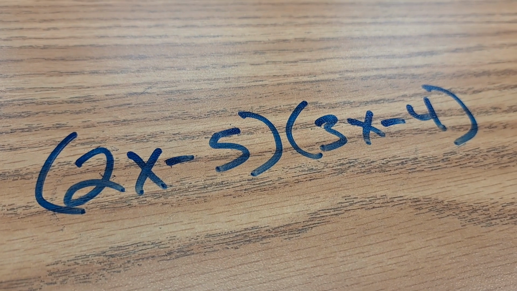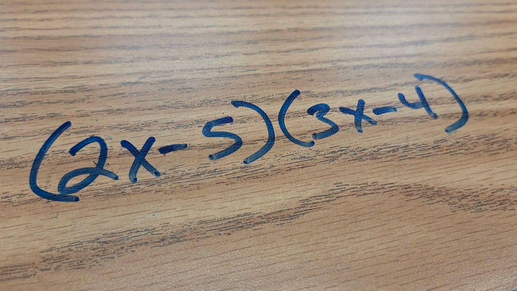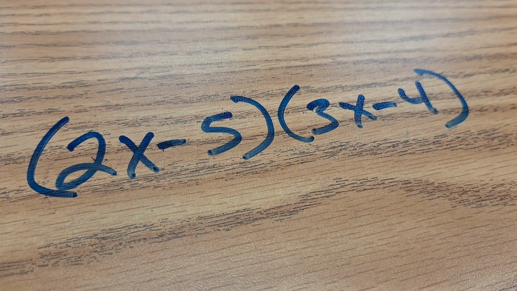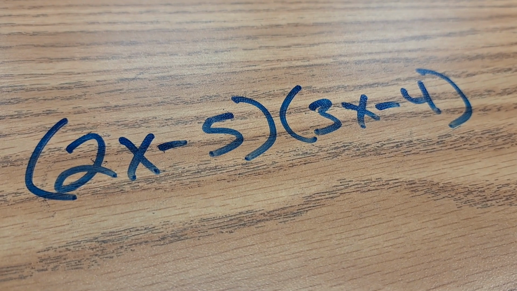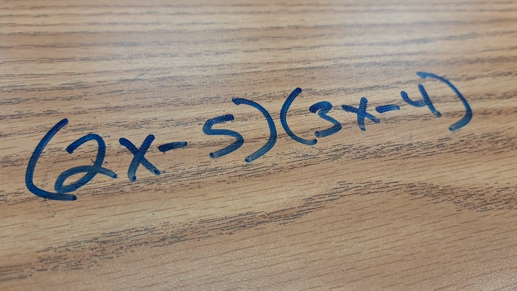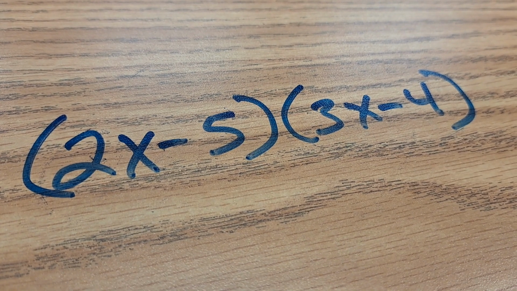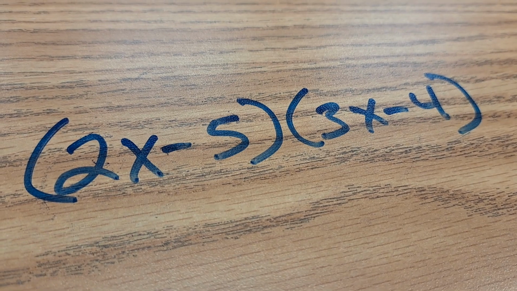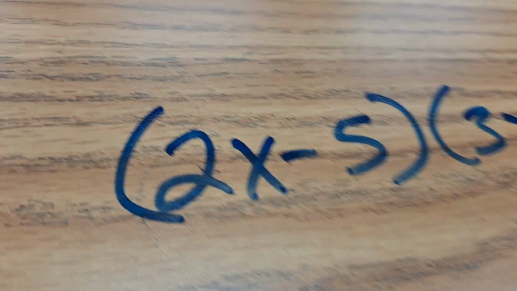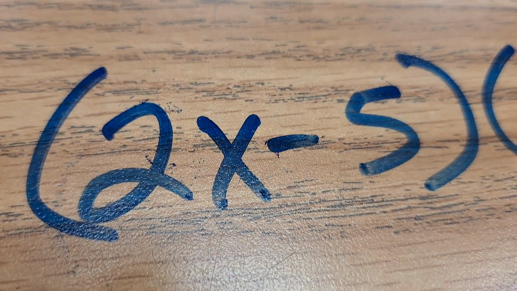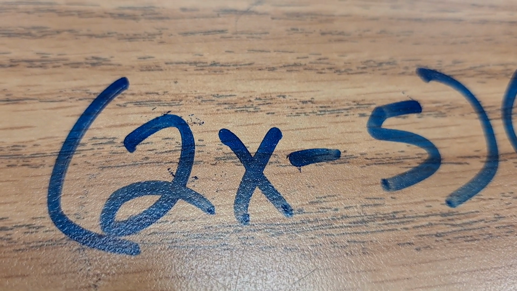So here's the problem. Open parentheses, 2x minus 5, close parentheses, open parentheses, 3x minus 4, close parentheses. Now, since we have those two terms in parentheses, we're going to multiply them. When you ever have something next to a parentheses, it means multiply. By the way, 2x minus 5, what type of term is that?